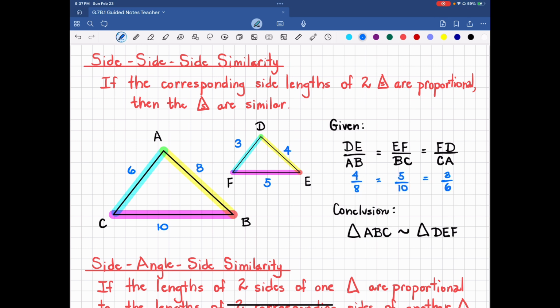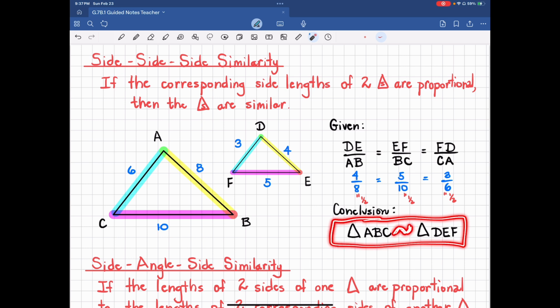And if you notice, this simplifies to 1/2, this simplifies to 1/2, and this simplifies to 1/2. So with all of them equaling 1/2, you know that this is proportional. All sides are proportional. Therefore, we can say that triangle ABC has to be similar to triangle DEF by side-side-side similarity.